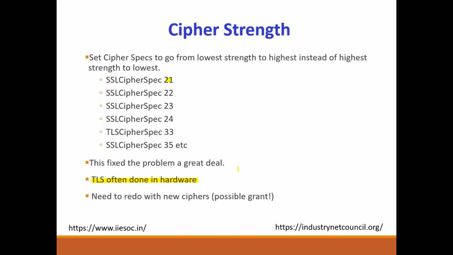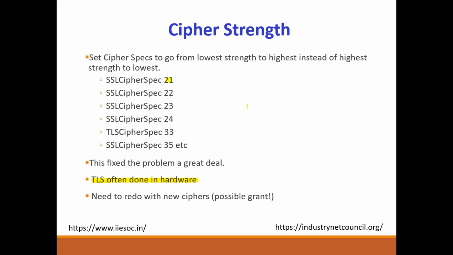I would like to redo this study using TLS 1.2, TLS 1.3, and some of the post-quantum crypto stuff. Because as I say, the post-quantum crypto ciphers and the signatures are very, very large.